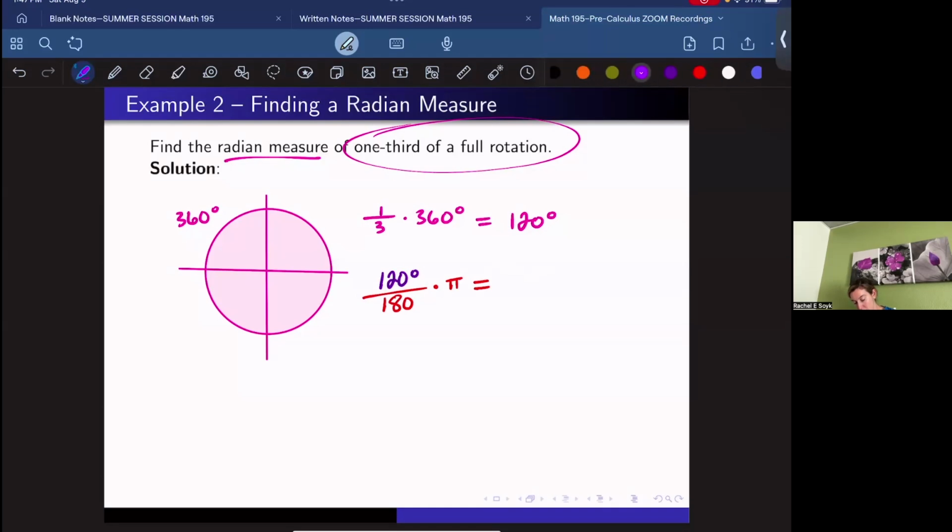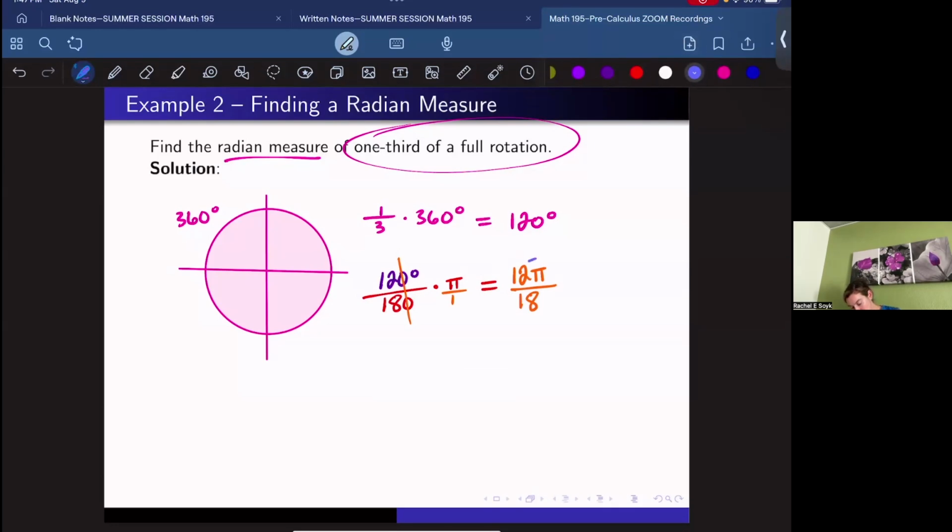There's a 0 in the numerator and denominator, so we can cancel that out. And then we're left with 12 pi, because pi is just pi over 1, all over 18. But we can simplify this a little bit more because you can pull out what number goes into both 12 and 18.